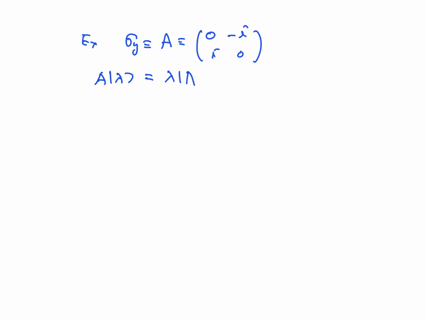So let's say, for example, sigma y is 0 minus i, i 0. We know that we have checked that this matrix is Hermitian. So A lambda is lambda times lambda.